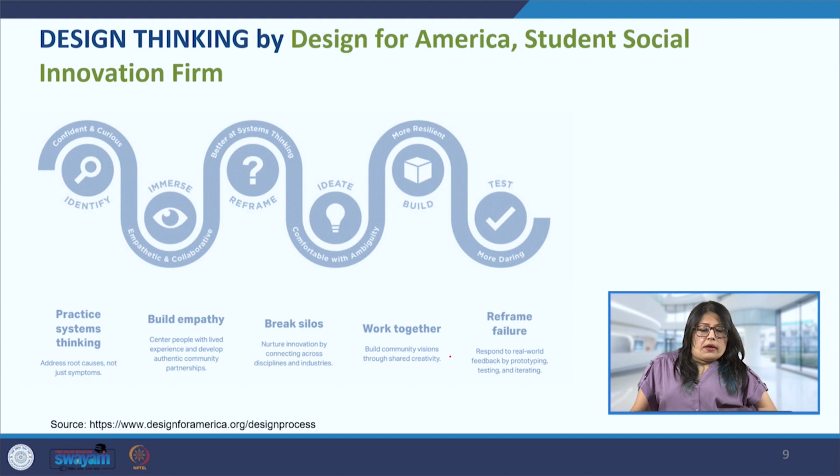Design for America is a student led social innovation, and this combines educational elements with a strong emphasis on the community impact and the social change. So you will see once you go through their projects how most of the projects are inclined towards social change.